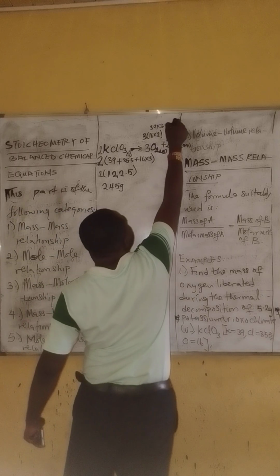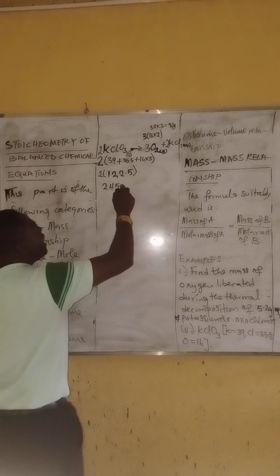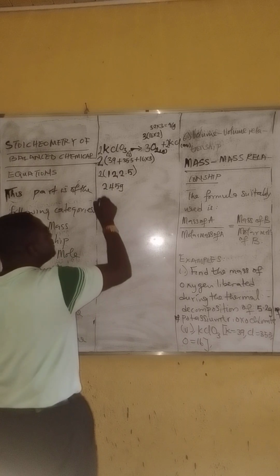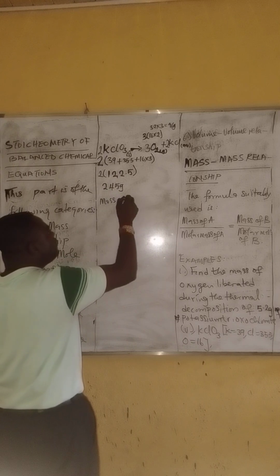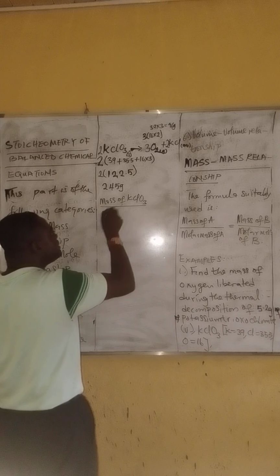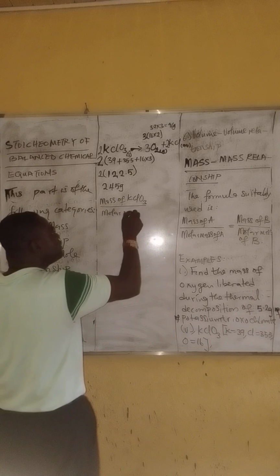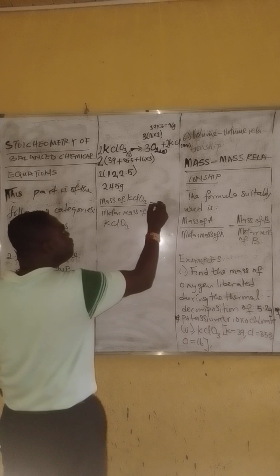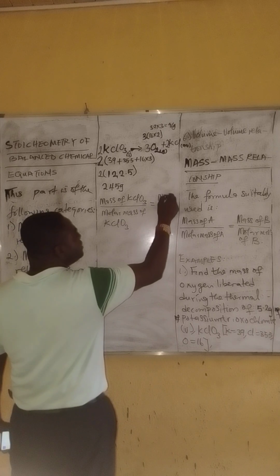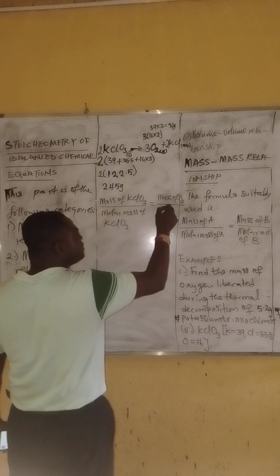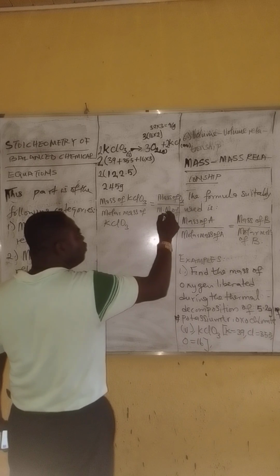That is 96 gram. So what do I have now? Mass of KClO3 over molar mass of KClO3 equals mass of O2 over molar mass of O2.